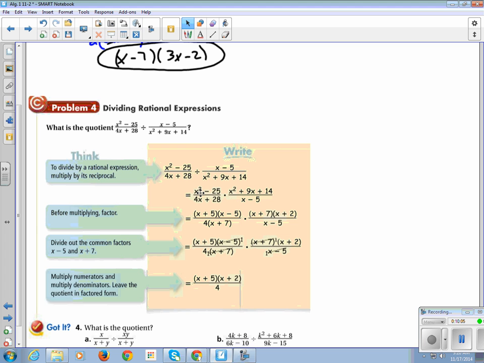The first item stays exactly the same, and the second item flips, so you have the reciprocal, and this divided changes to a times. Then we factor everything out, and then we cancel our like items, so we get 1, and then we rewrite our simplified version.